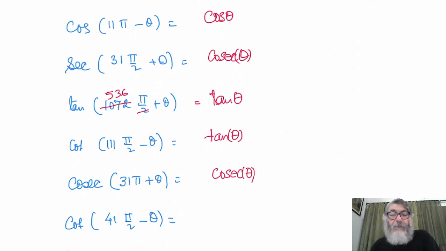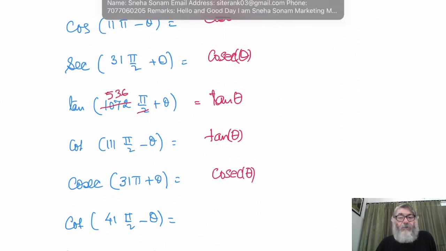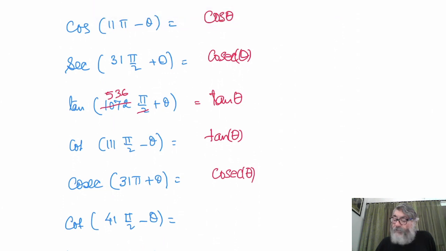What sign it will come, we can decide later, because when it is a multiple of pi plus theta, obviously cosec will remain cosec. 31 means odd multiple of pi, so it is going to be along OX dash, and plus theta means it will fall into the third quadrant. In the third quadrant only tan and cot are positive, the rest are negative, so it will be negative cosec theta.